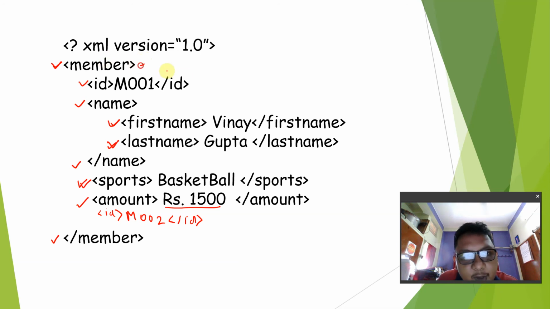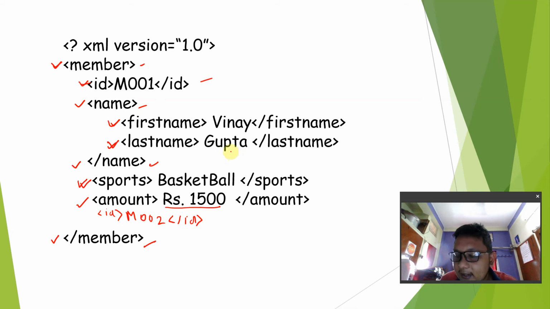Each of these, like this member tag is ending here, this name tag is ending here, this ID tag is ending here. So all these tags are XML elements. All right. It is easy to understand what is actually going on in the code, and I have also explained it to all of you.